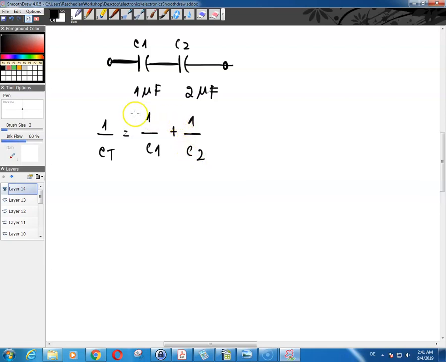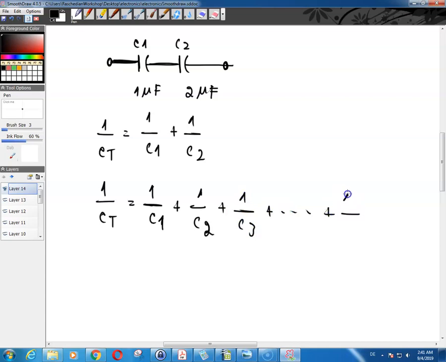So, and of course if you had an n number of capacitors, then 1 over C of t would be 1 over C1 plus 1 over C2 plus 1 over C3 plus all the way up to 1 over C of n.